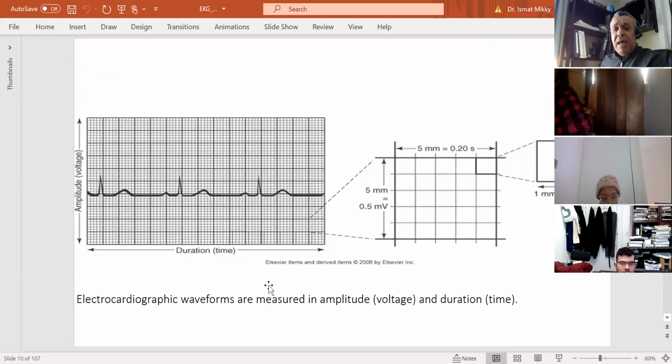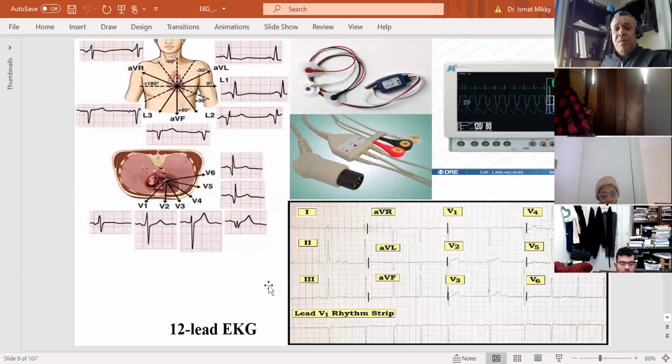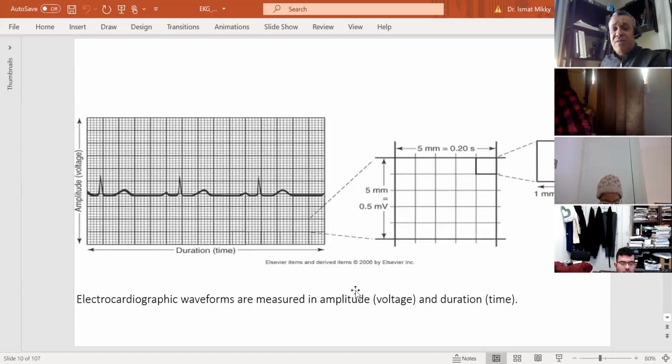Now, after we went over the leads, how to apply them, and the presentation of the EKG on the paper, now how to measure the intervals on the EKG strip.